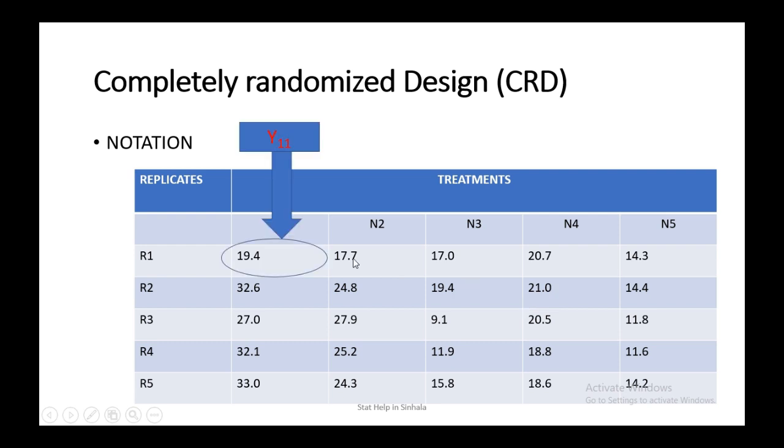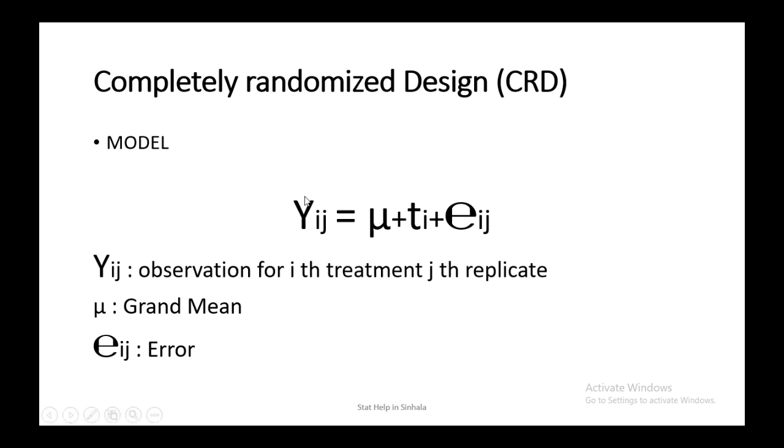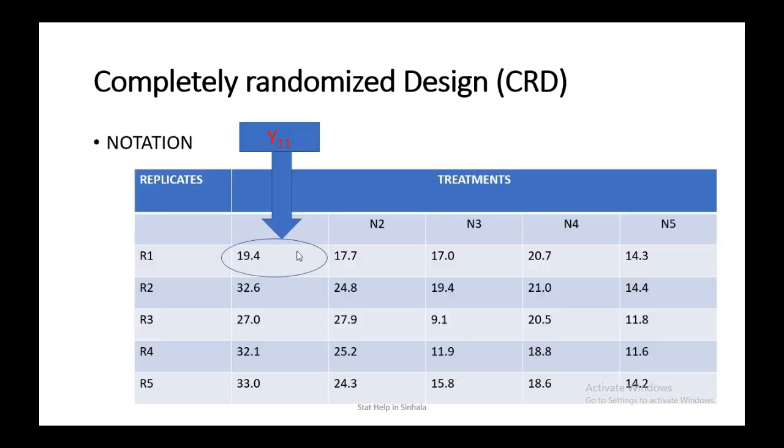As to the model, you can see Yij is equal to mu plus treatment effect plus error. So I am going to define what Yij is. In this table, Y11 means the observation for the first treatment and the first replicate.